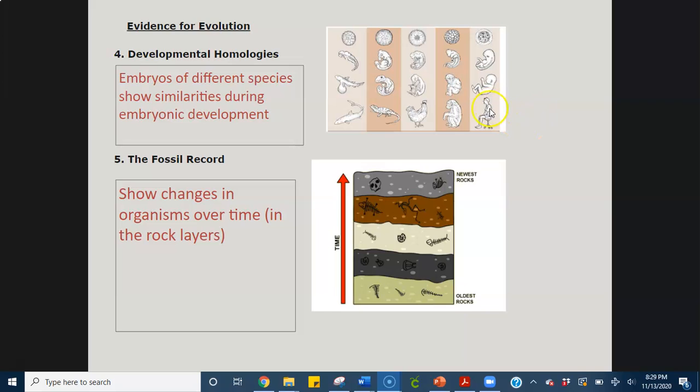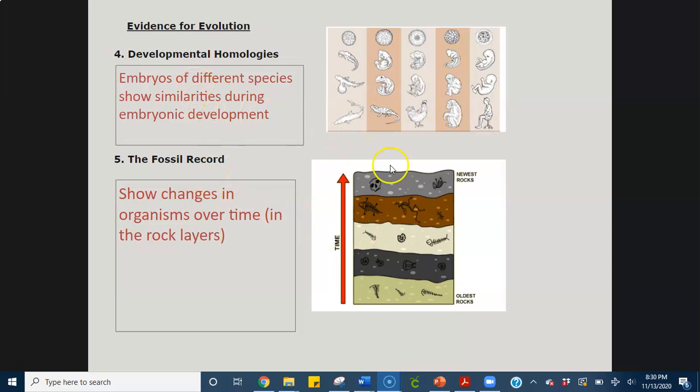And you and I both know that humans and lizards are vastly different, but if we look at embryonic stages of development, they show a lot of similarities, which again is pointing to the fact that all of these organisms on this chart are going to date back and come from a common ancestor. So that is our theme. That is the thread that ties all of these together, is that all of these organisms, though they are extremely different, are going to come from a common ancestor.